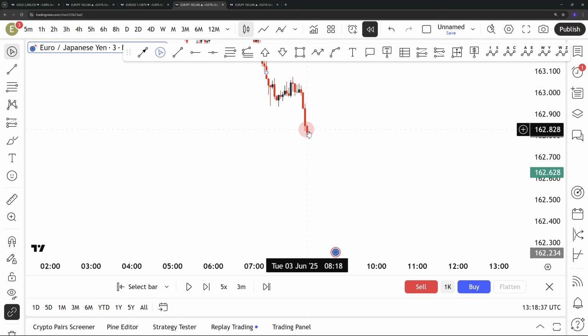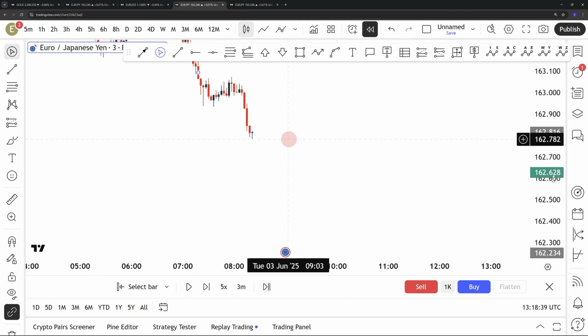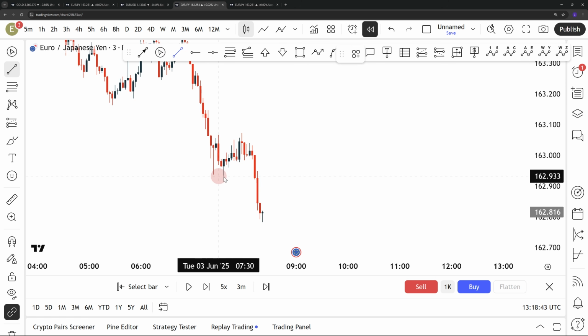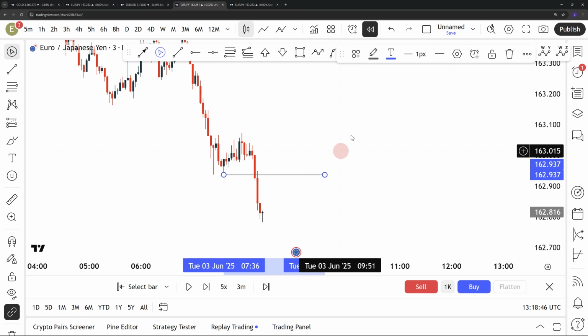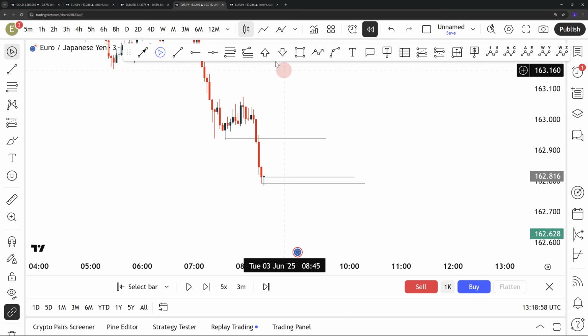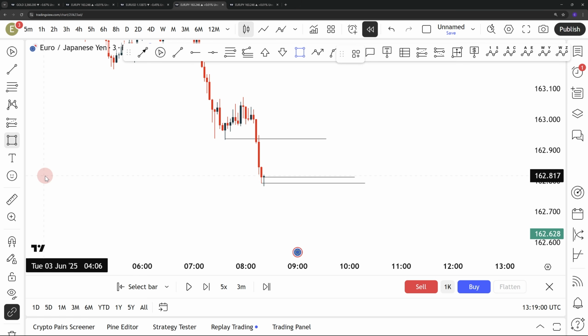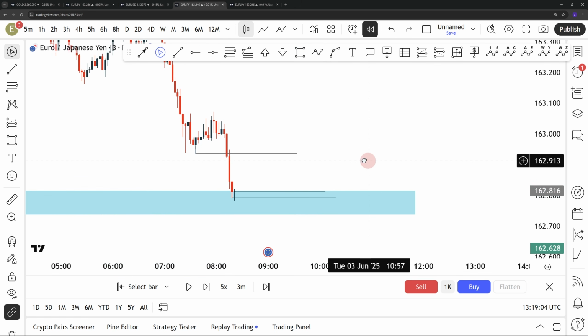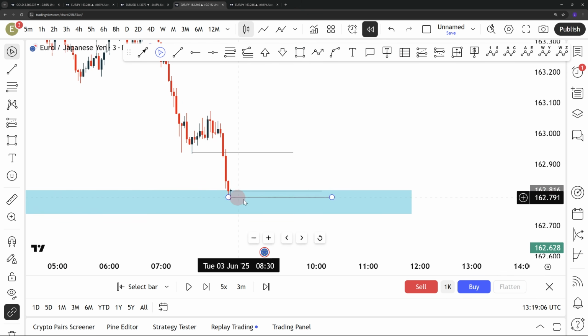So in this situation, from here, we have the same scenario. We have the liquidity sweep to the downside from here, and then we have this candlestick right now. So that means right now we can look for a long position here or here. And sometimes you will clearly see that price will be at a key level around this area here.